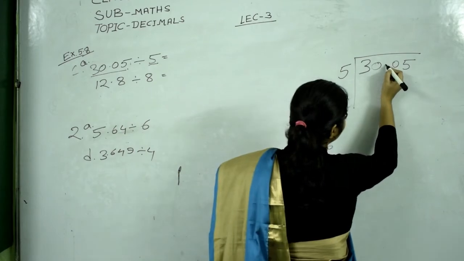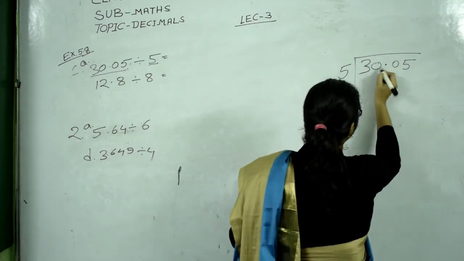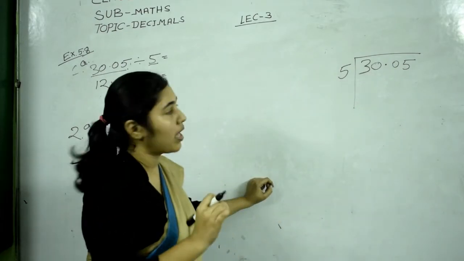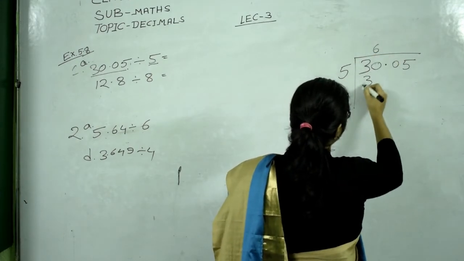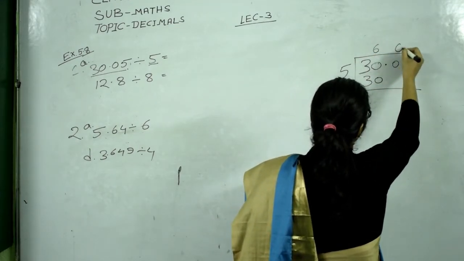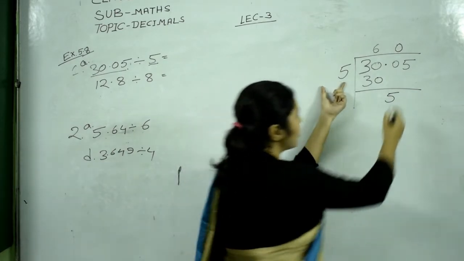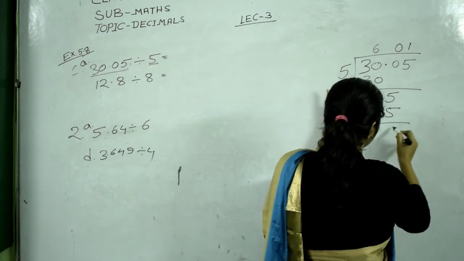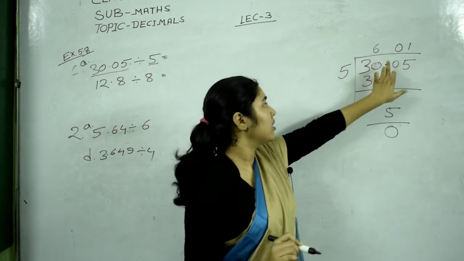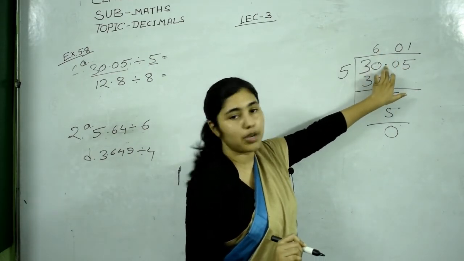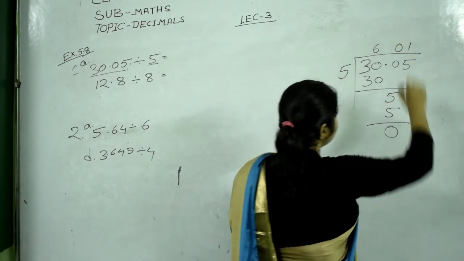But write the point, don't ignore it. Now 5 6s are 30. Take this 0 here and write 5. Now 5 ones are 5. Now insert the decimal point just above this decimal point of the dividend.